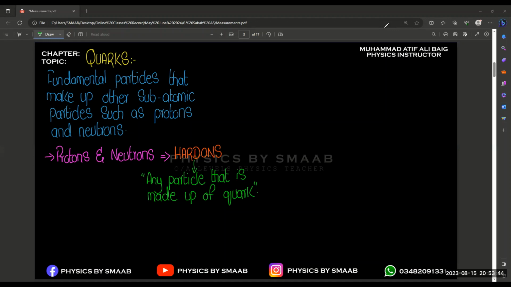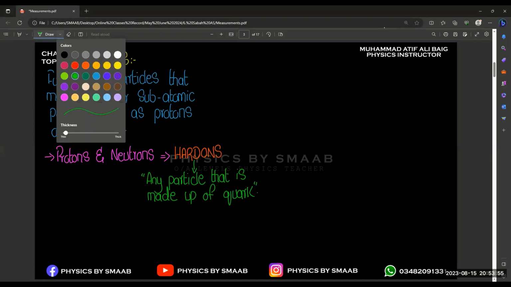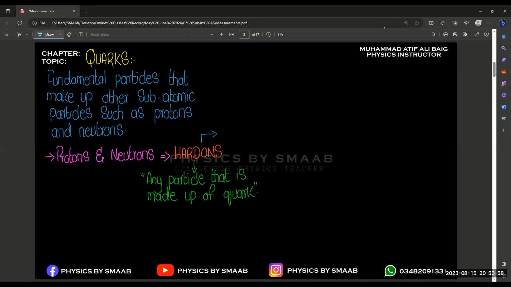That's how it works: quarks combine and make protons and neutrons. Hadron is basically the name of the category in short, and it defines any particle that is made up of quarks. We know that protons and neutrons are made up of quarks, so in general we can say that protons and neutrons are hadrons. In hadrons we have two particles, protons and neutrons.